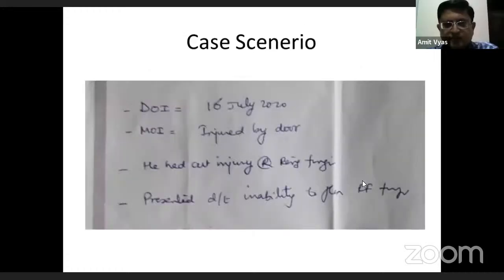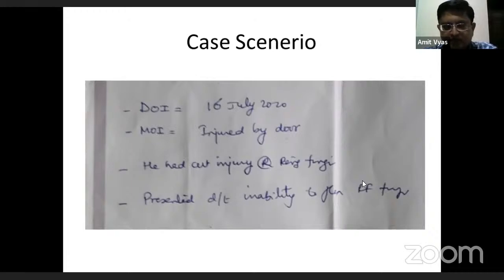In this scenario, this patient had an injury while opening a door, and his right ring finger had a small cut at the PIP joint crease. Initially he went to a physician, and it was dressed.